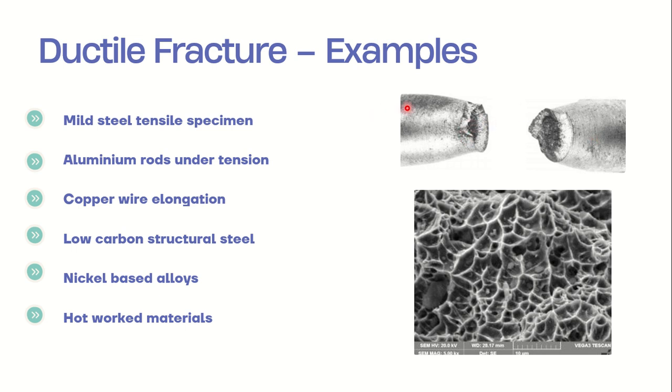The examples of ductile fracture are a mild steel tension specimen, which is the most common material, then aluminum rods under tension, then copper wire elongation, and then low carbon structural steel, which I mentioned in the previous slide as axles and structural applications. Then nickel based alloys and hard work materials are the best examples for ductile fracture.